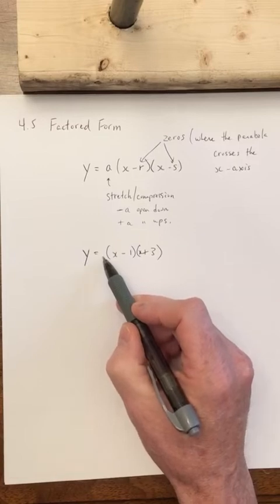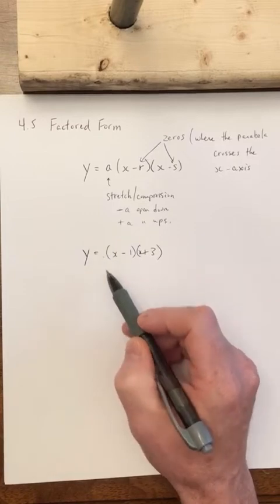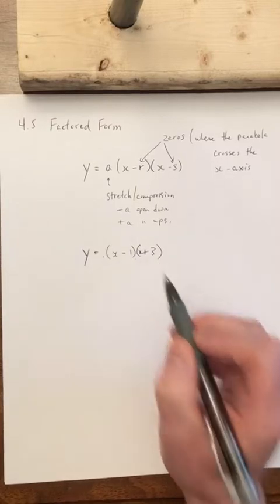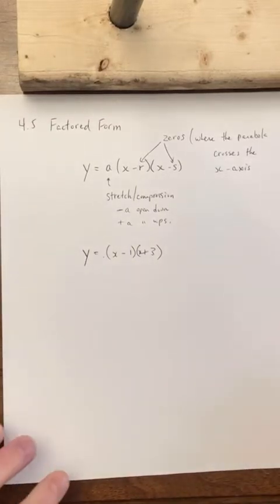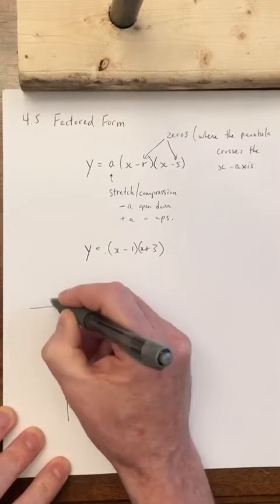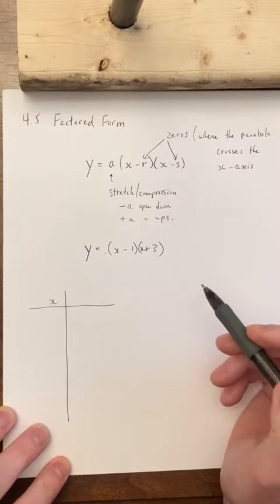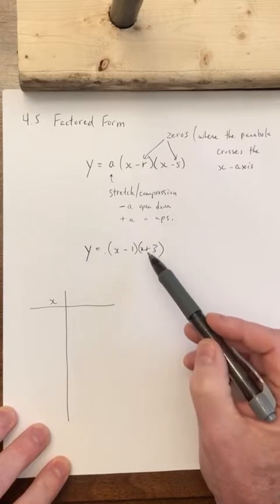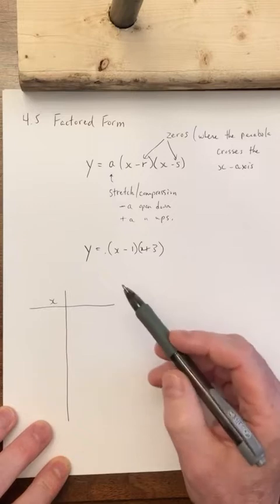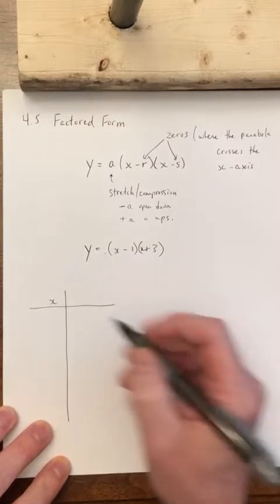It's not stretched or compressed. And this parabola is going to cross the x-axis at 1, negative 3. So I'll show you how we get that. Now, some of you can probably just graph this right away. I'll show you the whole process to see how we get to the graphing stage.